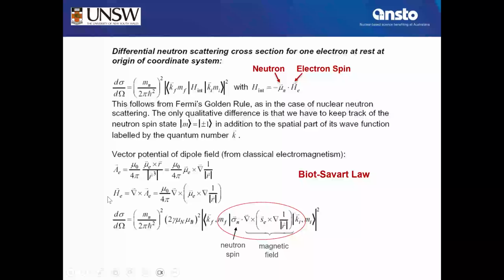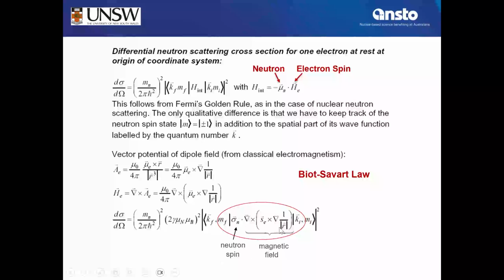From that, we can derive the magnetic field of the electron. Double cross product, note, that's becoming important. So now we have a magnetic field produced by the electron spins inside the crystal. And we have an incoming neutron with its own spin, and that neutron spin interacts with the magnetic field of the electron spins.